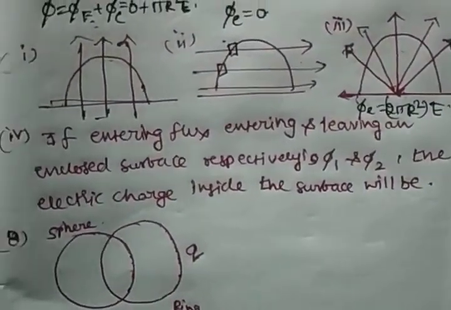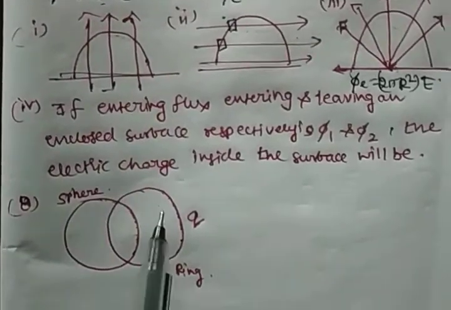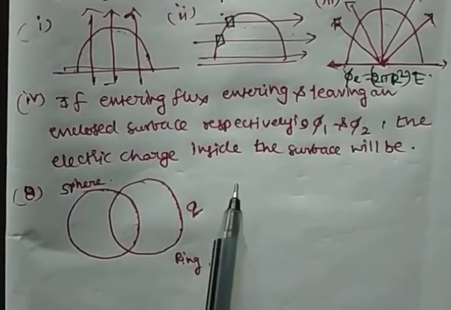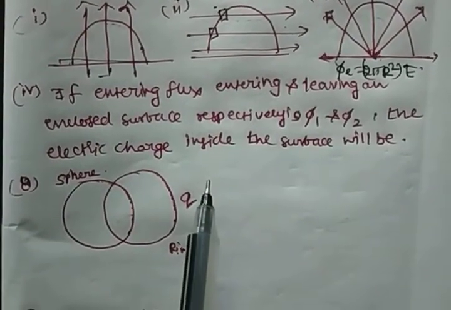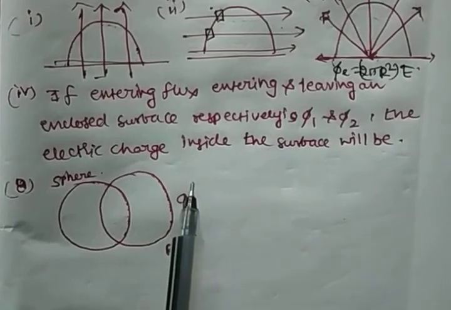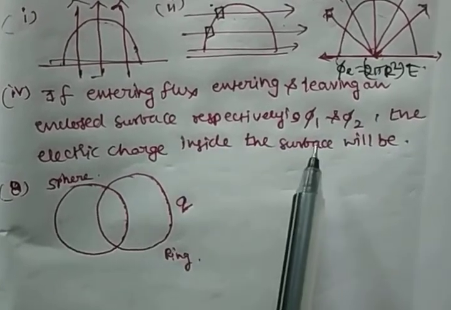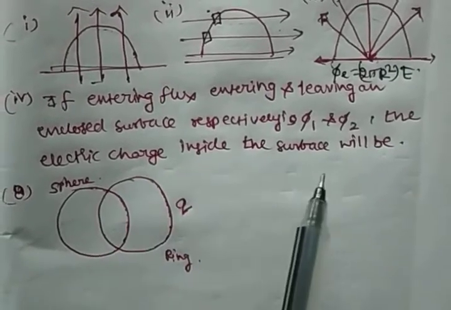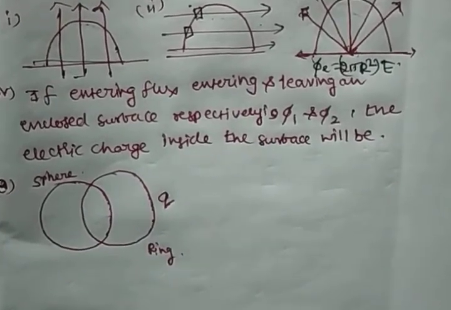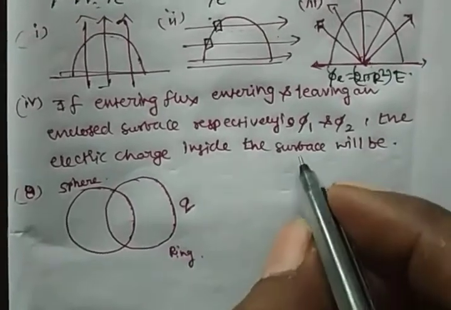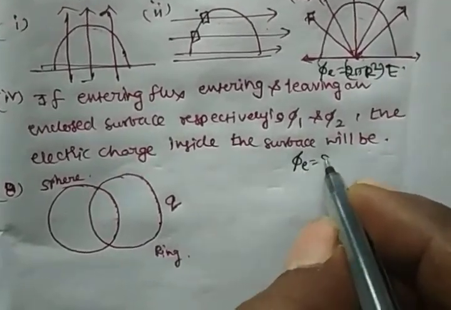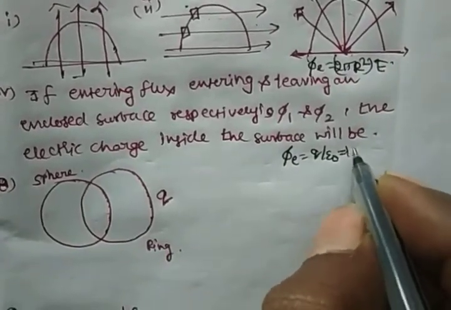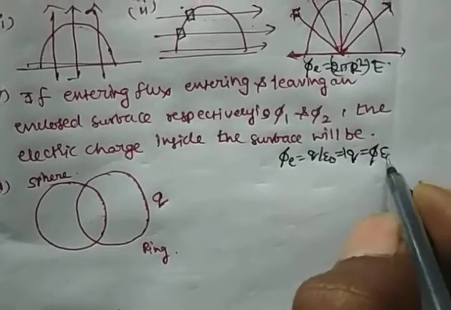Okay, next question. If the entering flux and leaving flux are represented as phi1 and phi2, the electric charge inside the surface will be, we know from Gauss law, phi equal to q by epsilon naught. That means q equal to phi epsilon naught.